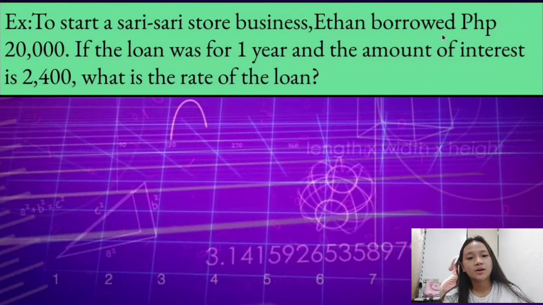Next, answer it on your notebook and post it. To start a sari-sari store business, Ethan borrowed 20,000, and if the loan was for 1 year and the amount of interest is 2,400, what is the rate of the loan?